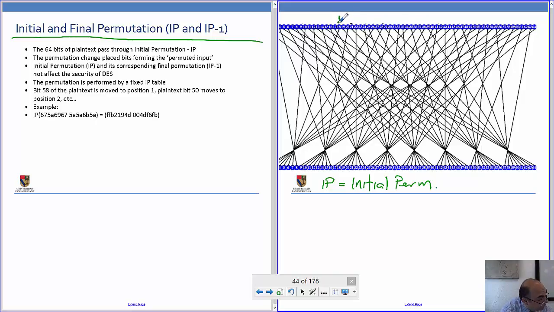Which bit is that one? 18. So if bit 18 of this is the input, and this is the output. Okay? So bit 18 after the permutation, we follow this line.